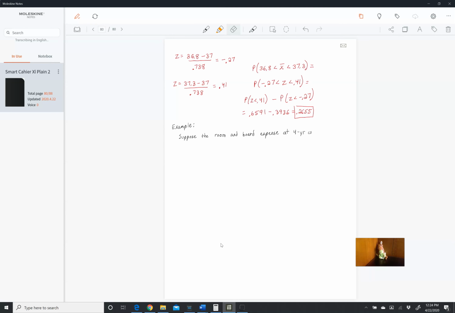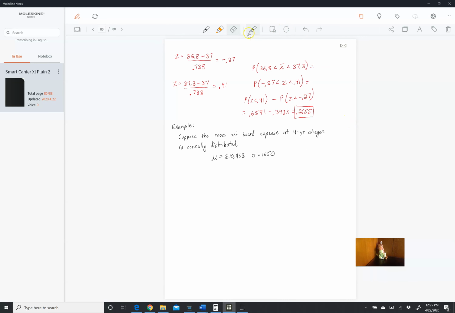Okay, here we're giving you that the mean is $10,463 and the standard deviation is 1,650. So this is given information to you. You don't just come up with it. It's given to you, okay?